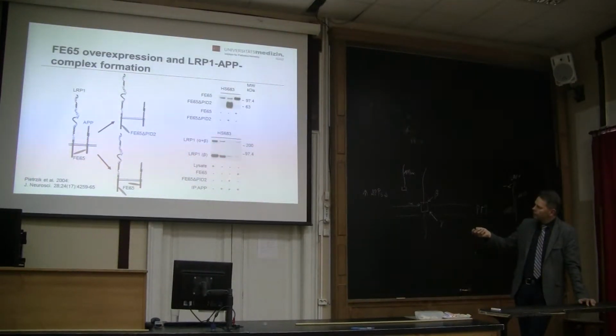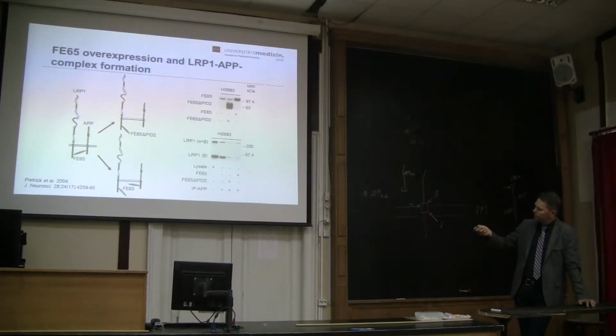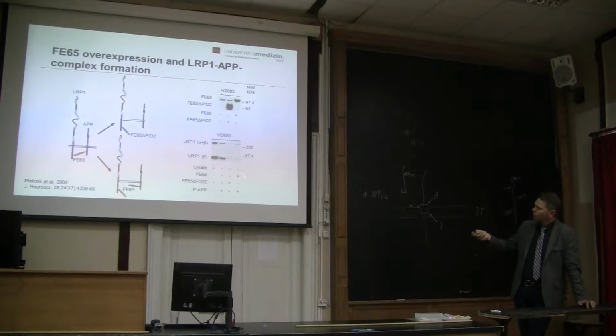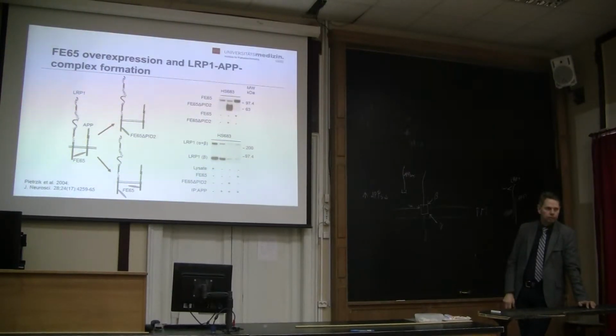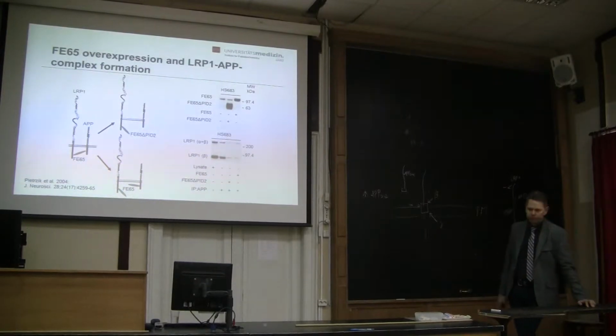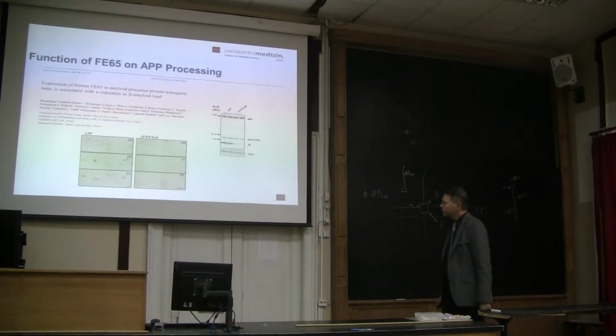When you overexpress Fe65, the truncated version, you get less complex down. Or when you express Fe65 full length here, and you come back with an LRP antibody, you get less complex down. Okay, so that was proof that when you overexpress that protein, you break up that complex.